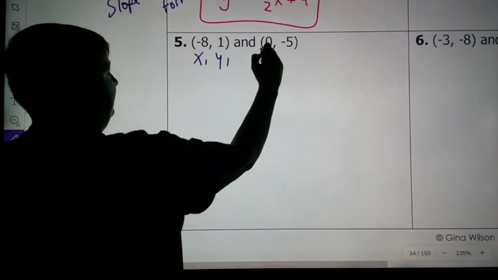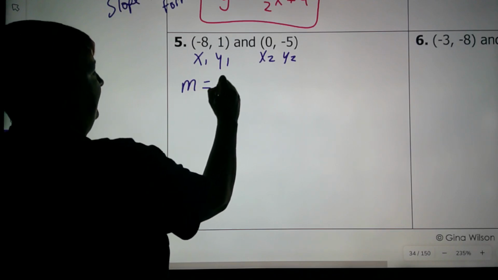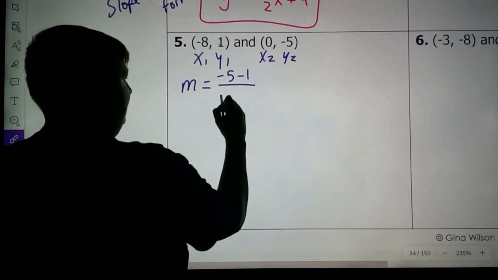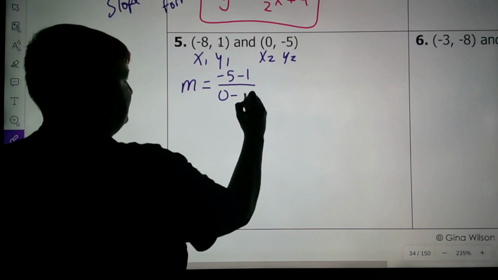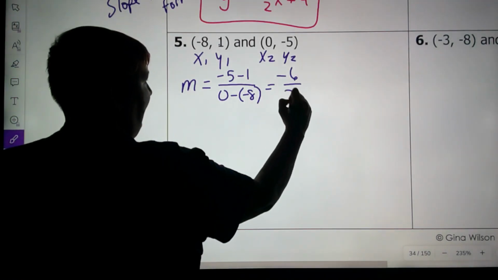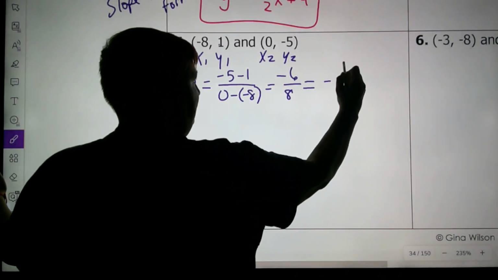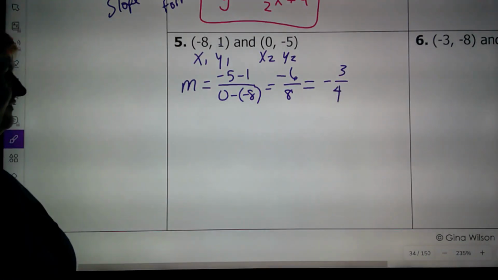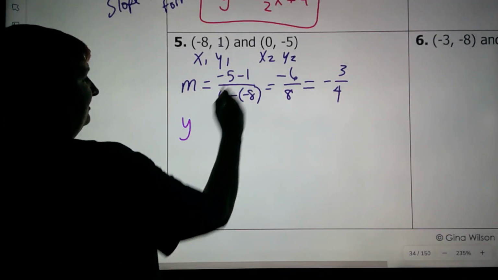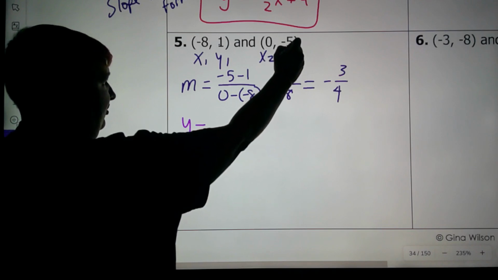5. x1, y1, x2, y2. Slope, m, is equal to y2 minus y1 over x2 minus x1, which is negative 6 over positive 8. Negative times a negative is a positive, which is negative 3 over 4. So now we switch to y. Let's use this one this time. Minus y1, so this would be your y.